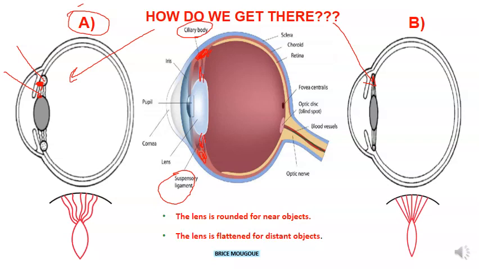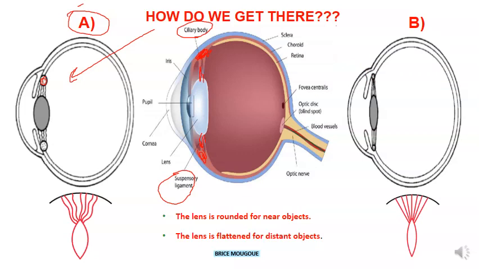So then, for the lens to be dome shape or to be more rounded, it means that somehow it needs to be set loose, it needs to be set free. For that to happen, the ciliary muscles must contract. You will see here, they will contract and assume that kind of dome shape. They will swell.